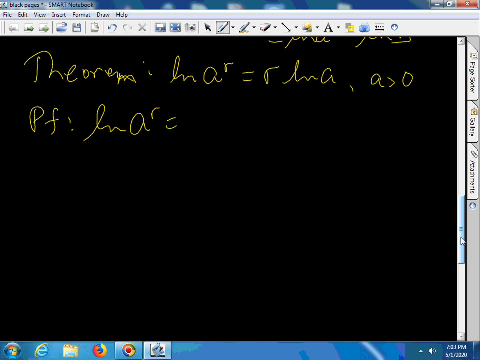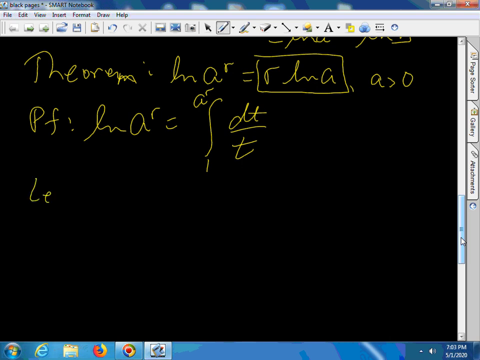Ln of a to the r is the integral from 1 to a to the r of dt over t. But this time we're not going to break off an ln of a, only because the result doesn't have ln of a. It has r times ln of a.